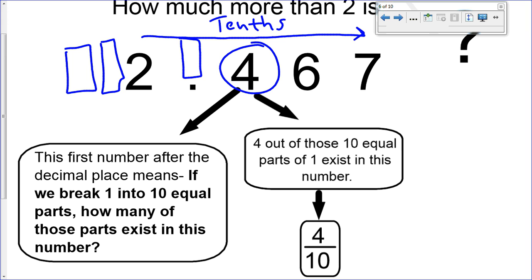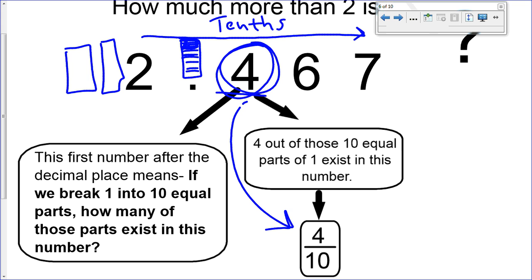So this bar that represents this 4 has been divided into 10 equal parts. Those aren't equal, but we are going to assume that they are. Well, if it's divided into 10 equal parts, 4 of them. Imagine dividing a candy bar into 10 equal parts and then having 4 of them. Well, that's exactly what that means. The 4 in the tenths place literally means the fraction 4/10.